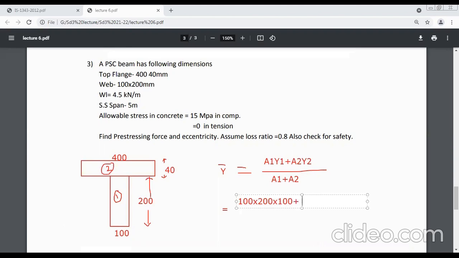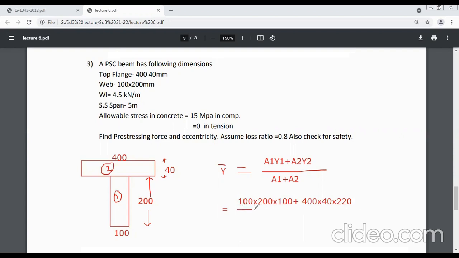Plus A2, the flange size, 400 into 40 mm, into Y2, which is 200 plus 40 divided by 2, that is 220.